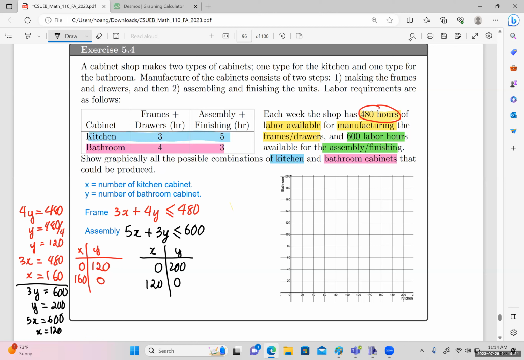So they both will be solid lines since they both include the equal. So you can go ahead and plot those coordinates. 0, 200 first, and 120, 0.